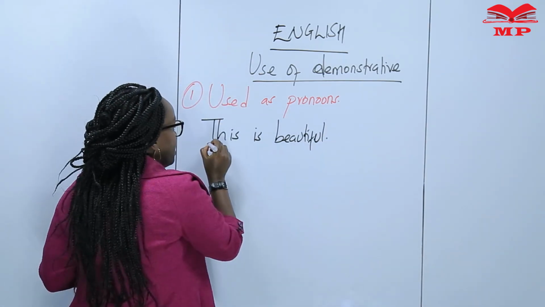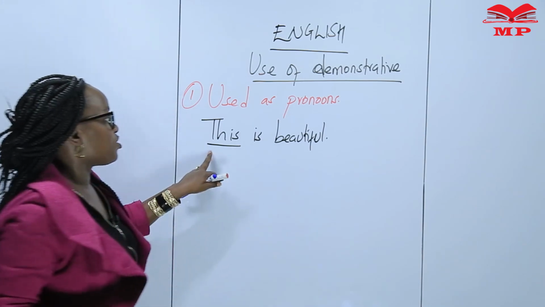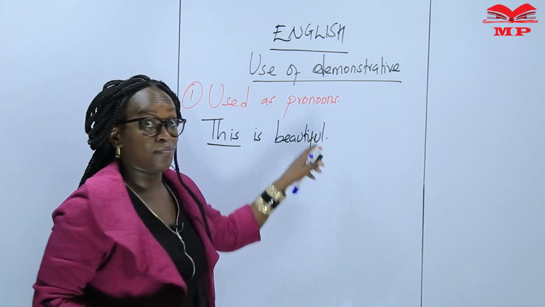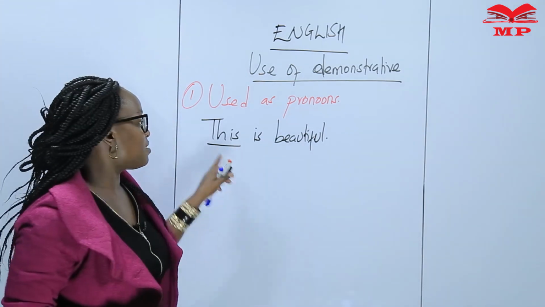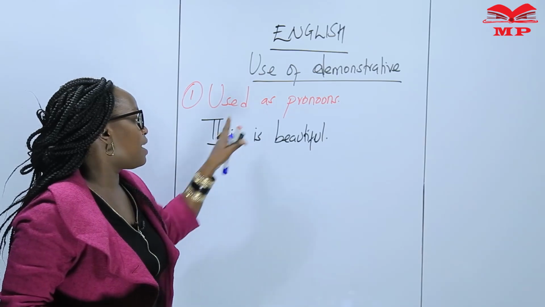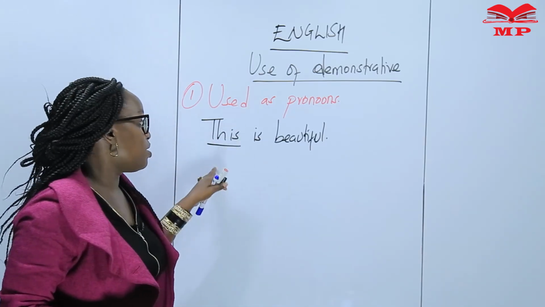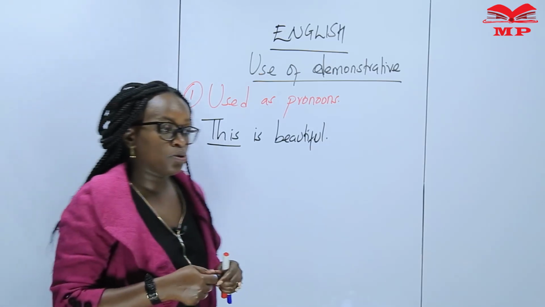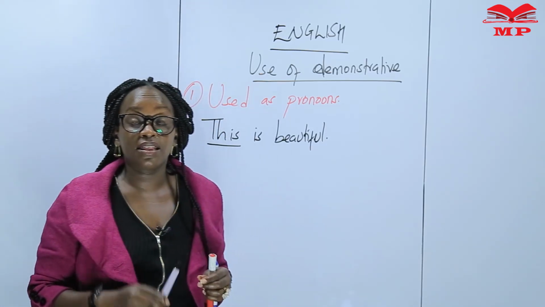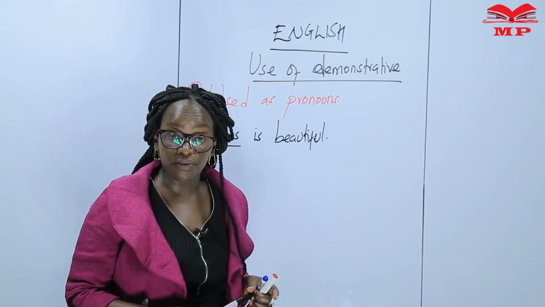Here, already, this demonstrative here is acting as the pronoun for the reason that it is actually replacing the noun in this sentence. We do not have a noun, so it means that that person shows you something and then they say that this is beautiful.